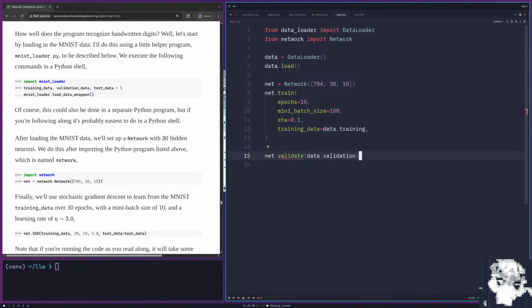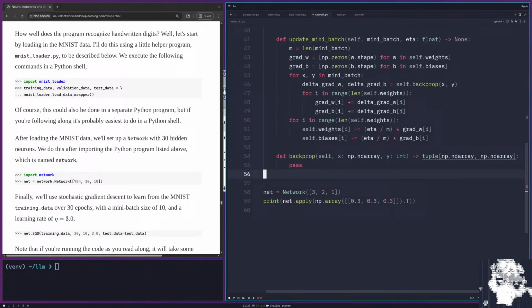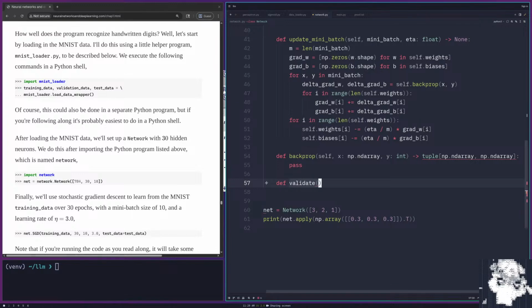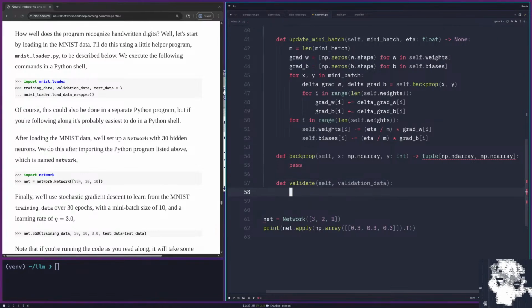If you train on training data, you validate on validation data. And we didn't implement a validate, so let's do that right now. Def validate self, validation data. It has a complicated type signature, so we're not going to implement it.